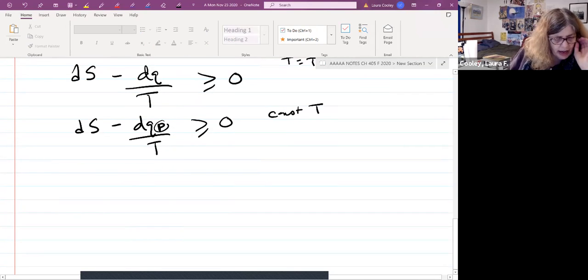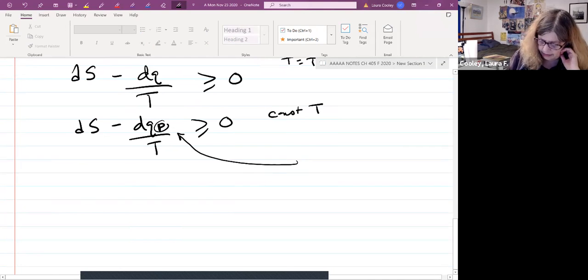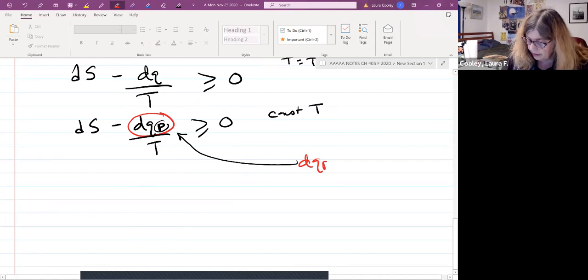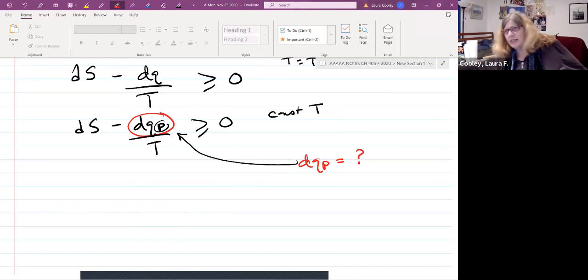Now we're getting there, because this dQp, what's that? What's the heat that flows at constant pressure?